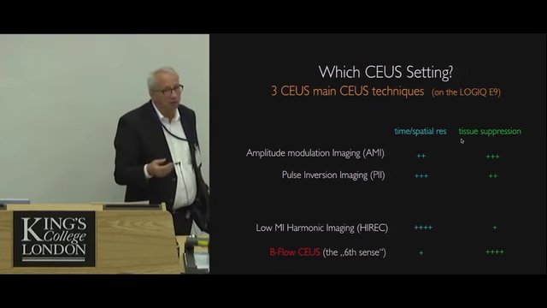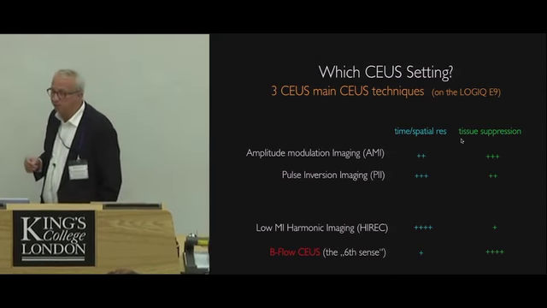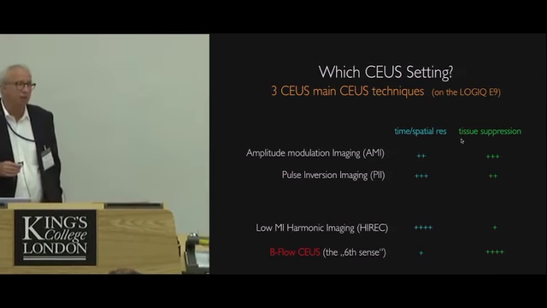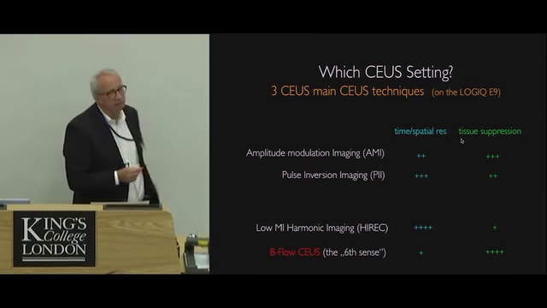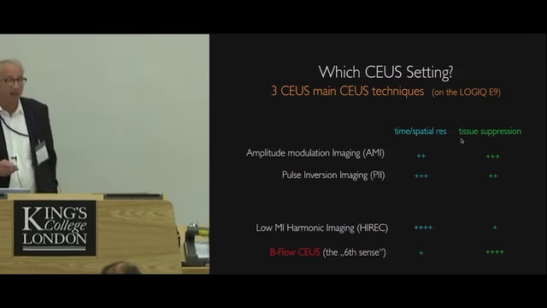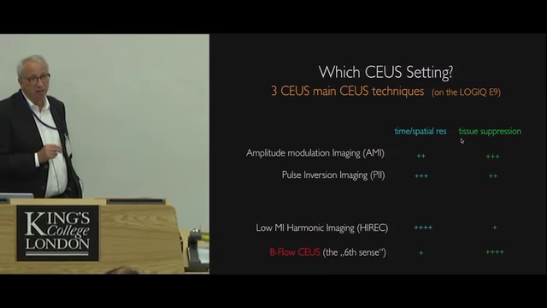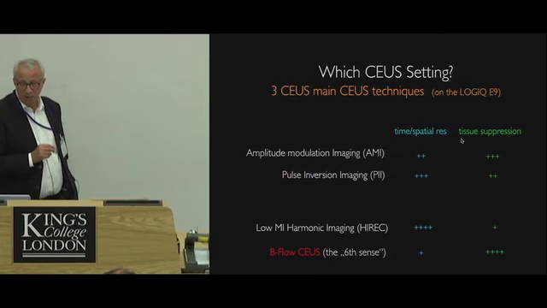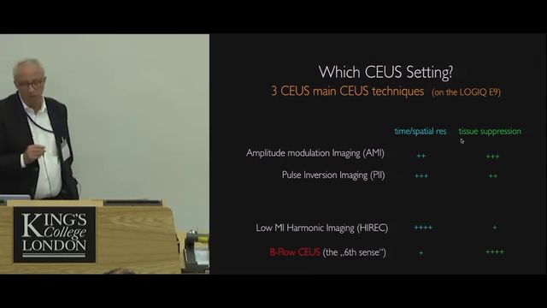The disadvantage is it has some kind of blooming, so the temporal and spatial resolution is not as good as in the technique that was used previously. That is the pulse inversion imaging technique, and that has up to now nearly the best spatial resolution. Tissue suppression is not as good as in the amplitude modulation technique.